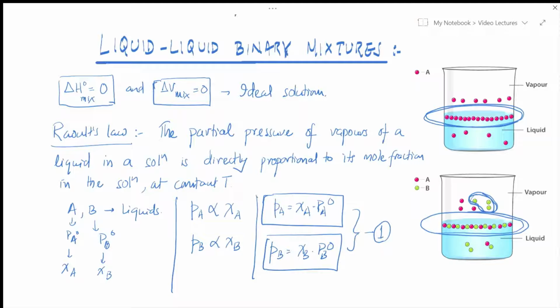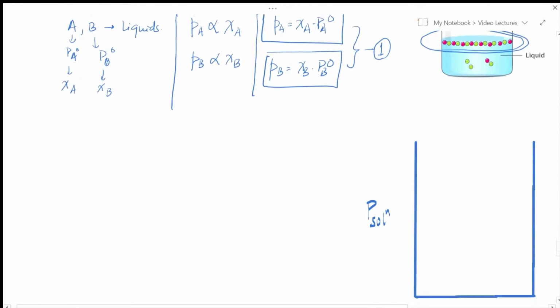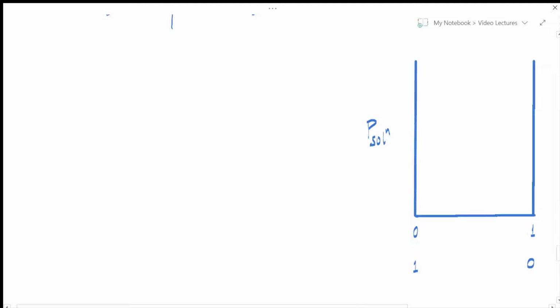Now, if we consider the total pressure due to vapors in this solution, let's call it P0 solution, it is the vapor pressure which develops over this mixture. Then that vapor pressure has two components. We can write the vapor pressure of the solution as a sum of partial pressures due to the two vapors, PA and PB.